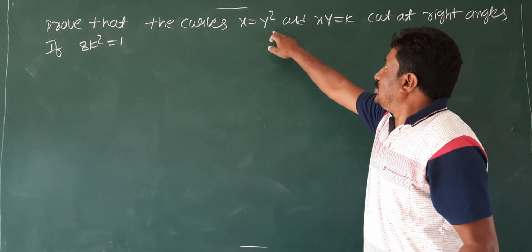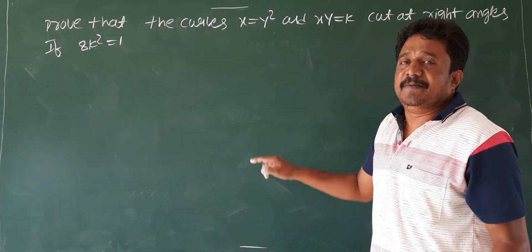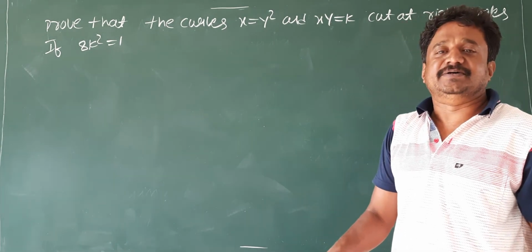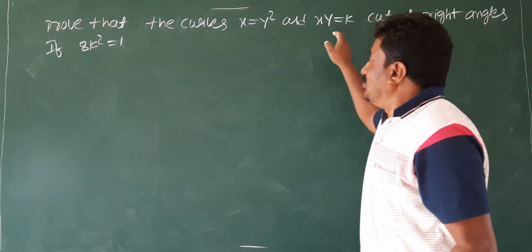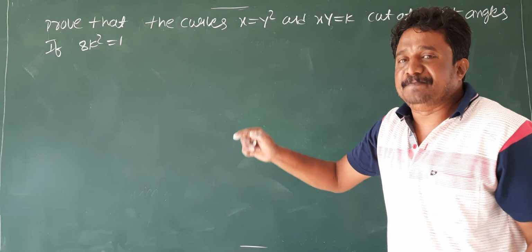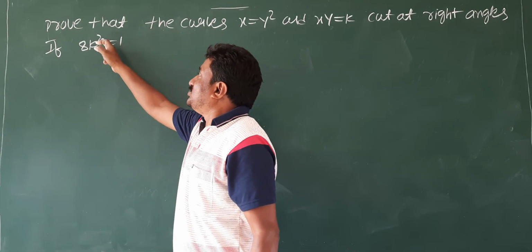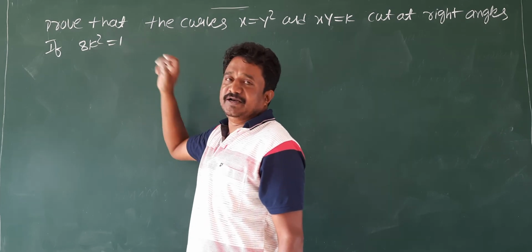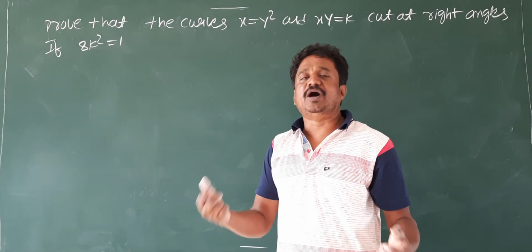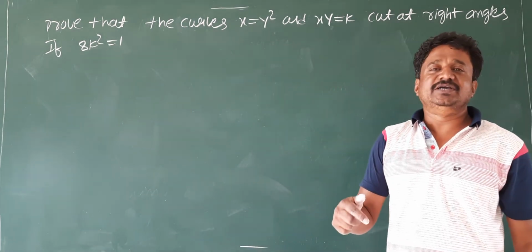These two curves become perpendicular only when 8k square value becomes 1. How to solve this? So easy.